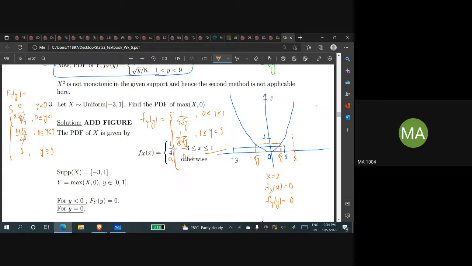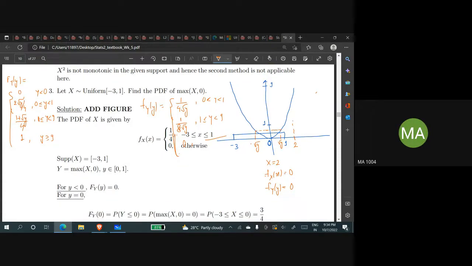So what we saw when we were talking about the CDF approach: if we have any general g of x and we want to find the PDF, we first find the CDF. So basically, we looked for all those x for which g of x was coming out to be less than or equal to y.